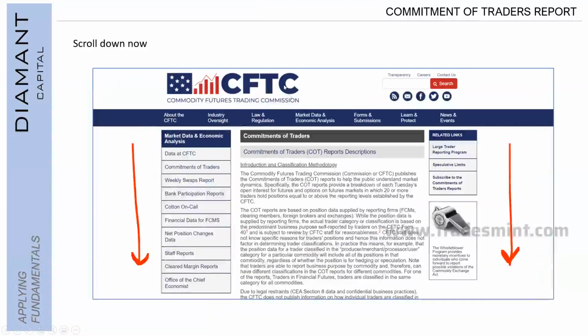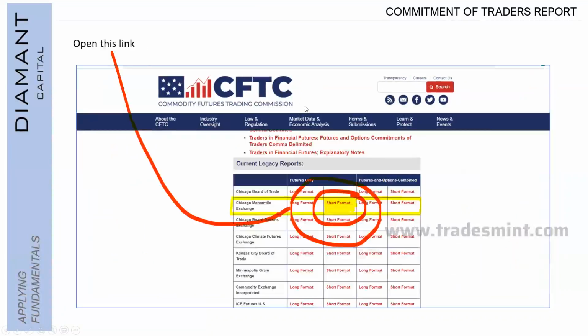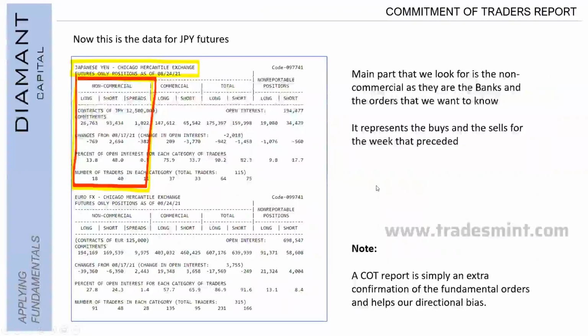Scroll all the way down to the bottom of the page and you'll get to a subsection called current legacy reports. The part we're going to be looking at is the Chicago Mercantile Exchange, futures contracts only, so not futures and options. We're going to be looking at the short format. The long format has all the different types of data, but the main one we'll be looking at is the short format. And this is exactly what it looks like.